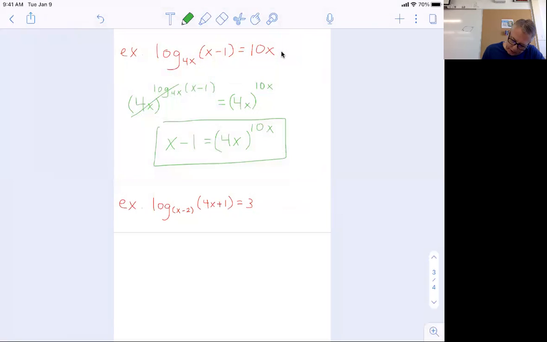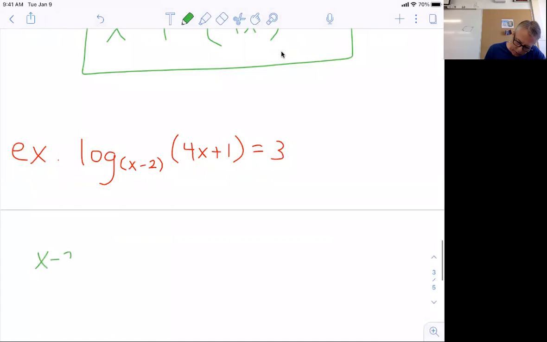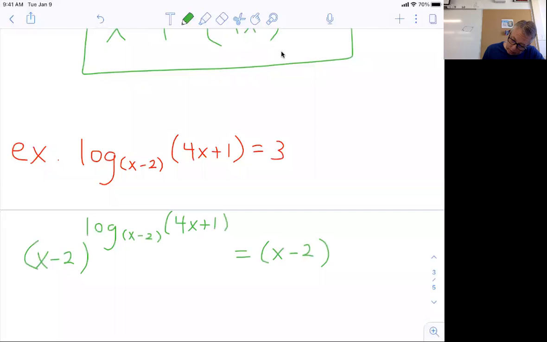So I'll take x minus 2 to the power of both sides. So I do x minus 2 to the log base x minus 2 of the 4x plus 1 is equal to x minus 2 to the third.